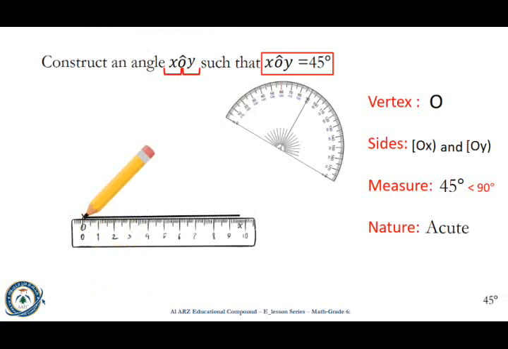Construct an angle XOY such that XOY equals 45 degrees.